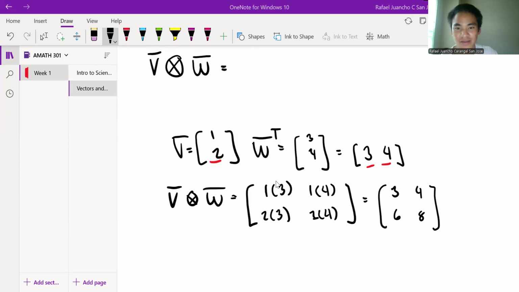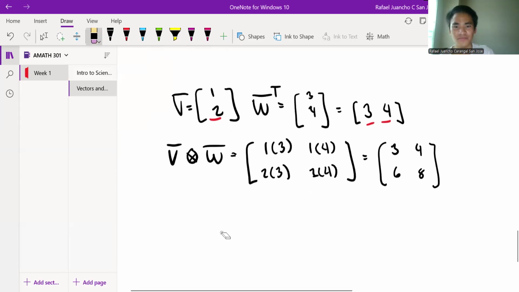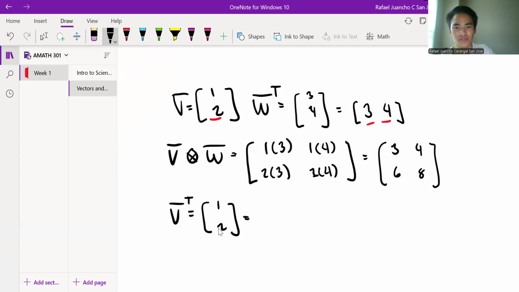Now, what if we did it the other way around? That's interesting. Let's say we transpose V. So from 1, 2, this becomes a row vector of 1, 2, and then W stays the same.